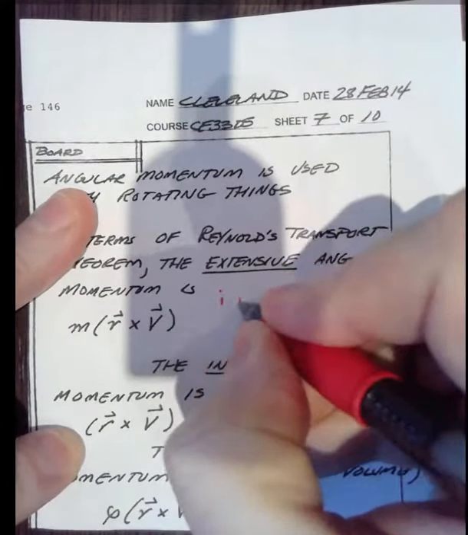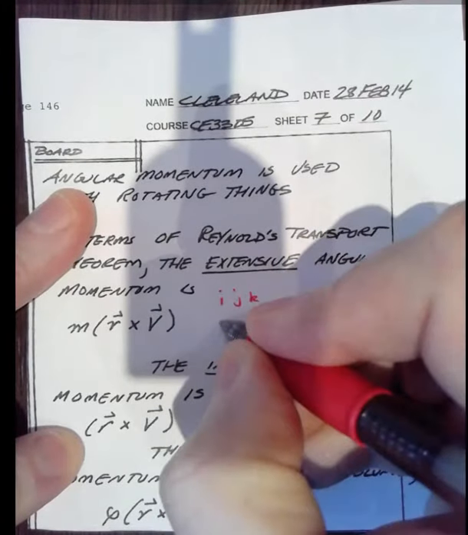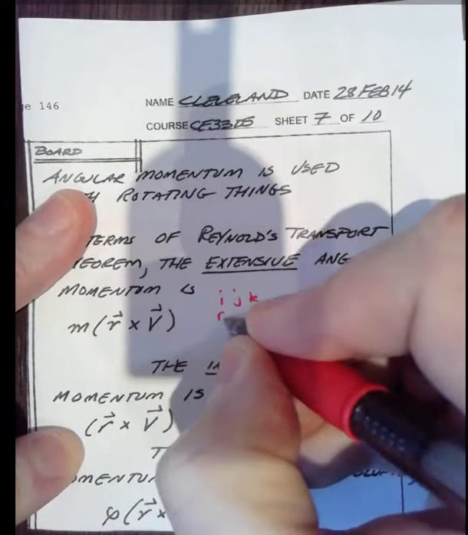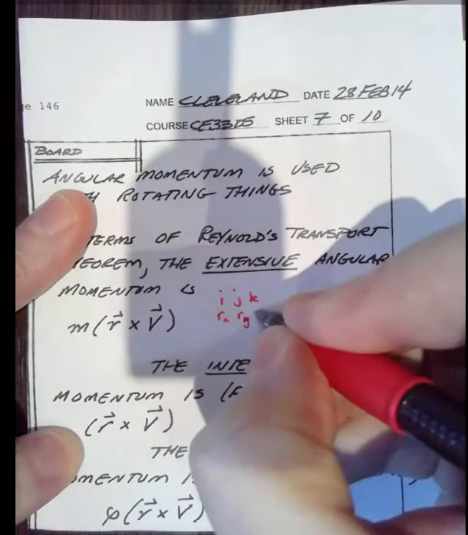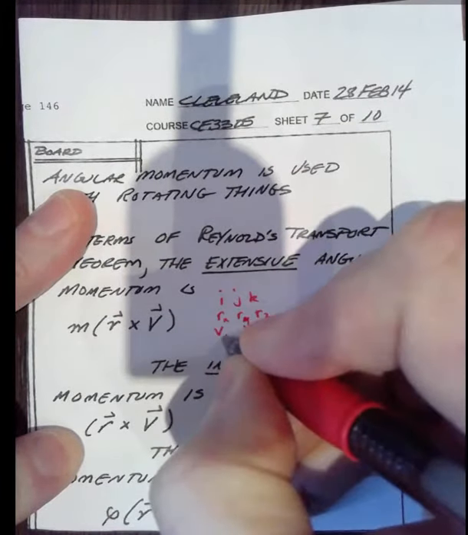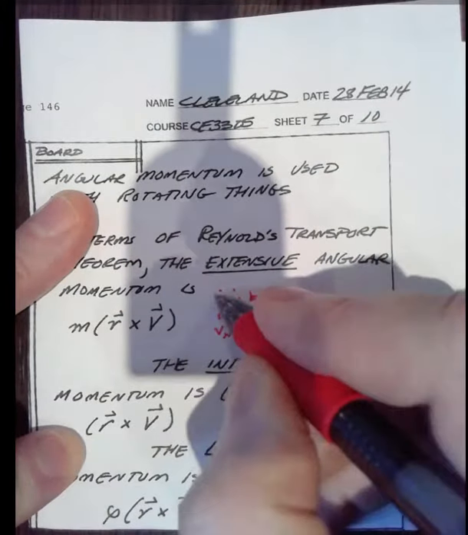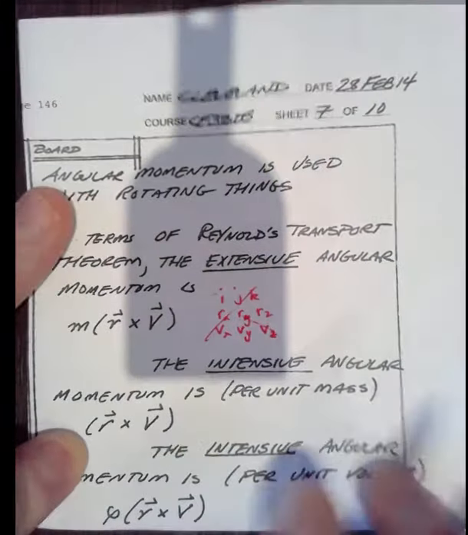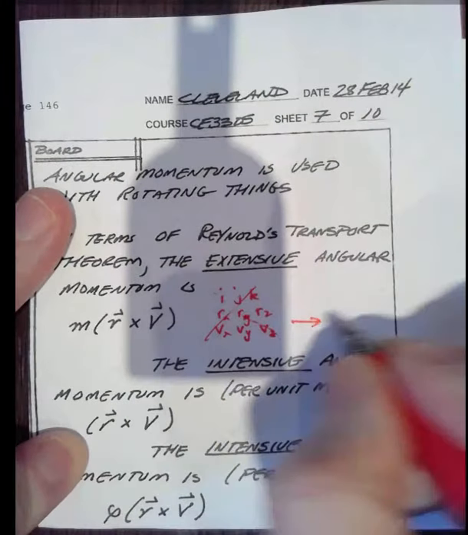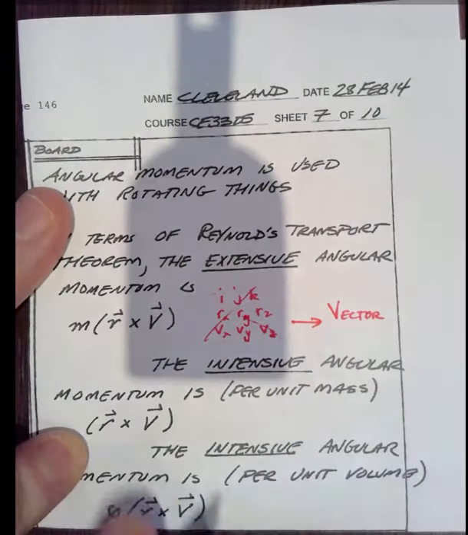They probably taught a formula i j k, and then rx, ry, rz, vx, vy, vz, that tableau, and then you did the crisscross terms to go ahead and recover the vector output.